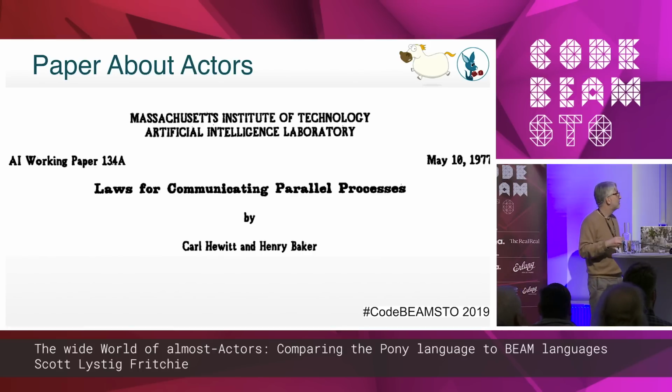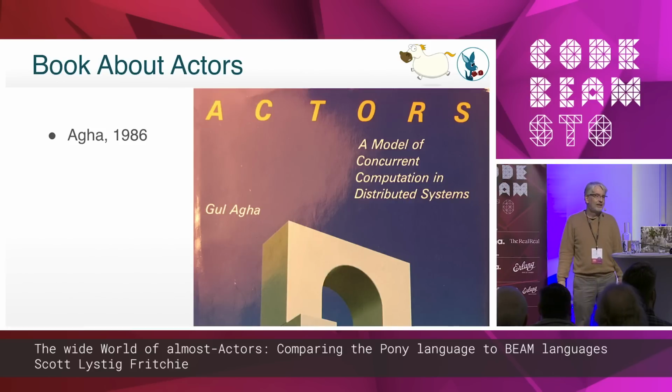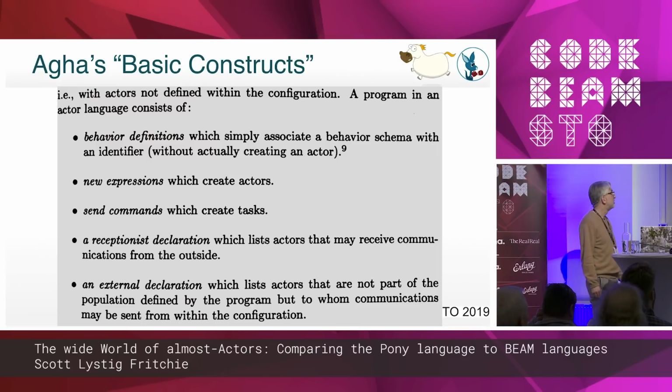The first book about actors was Gul Agha's PhD thesis from MIT, and I think he finished it in '85. The book is 1986. And here's where we find the three rules that I had mentioned earlier. He uses much different nomenclature than you would typically find in things today.